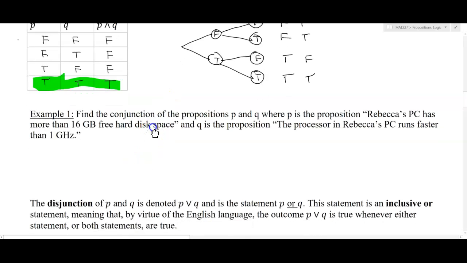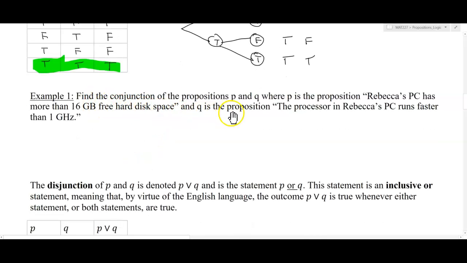So with that said, let's look at an example. Find the conjunction of the proposition P and Q, where P is the proposition Rebecca's PC has more than 16 gigabytes free hard disk space, and Q is the proposition the processor in Rebecca's PC runs faster than 1 gigahertz.